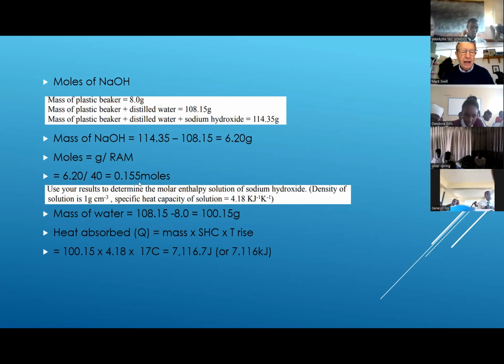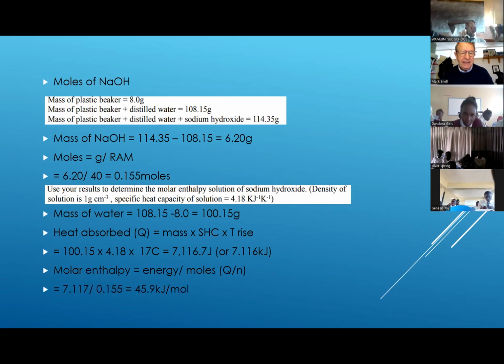So then we divide that by 0.155, Q over n, and that gives me 7.117 divided by 0.155, 45.9. And it will be negative because it is given out.